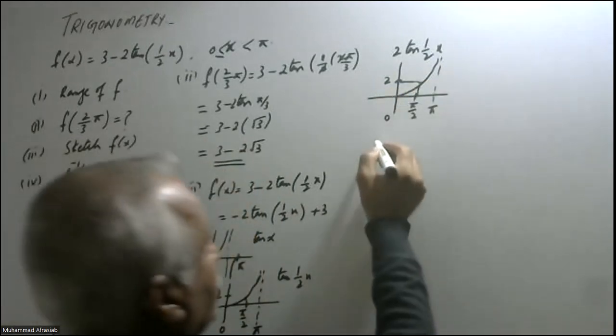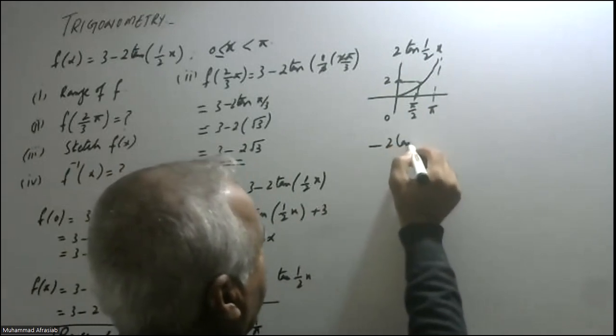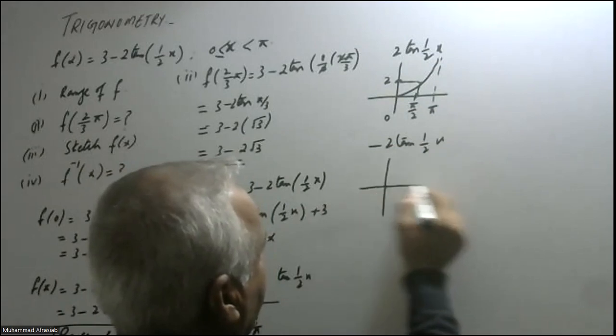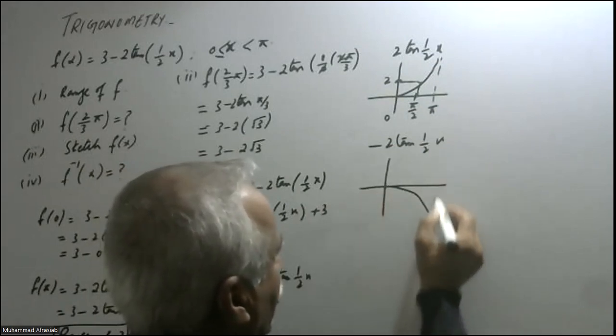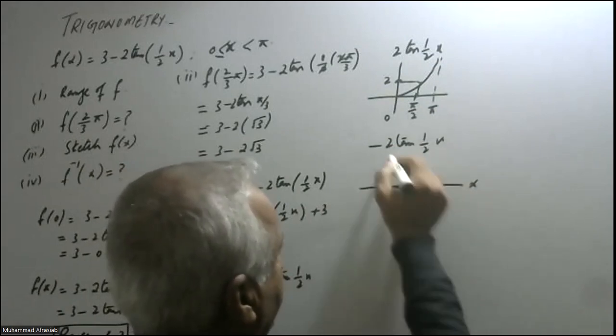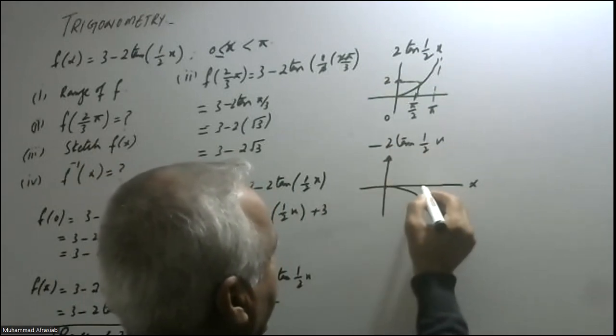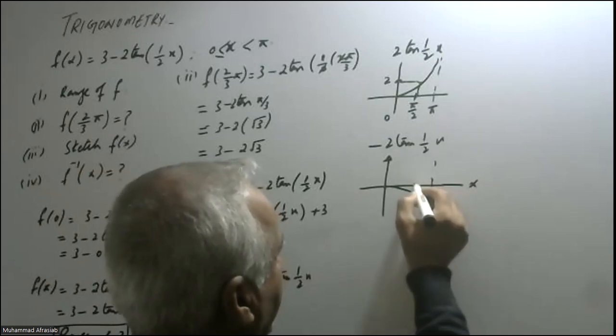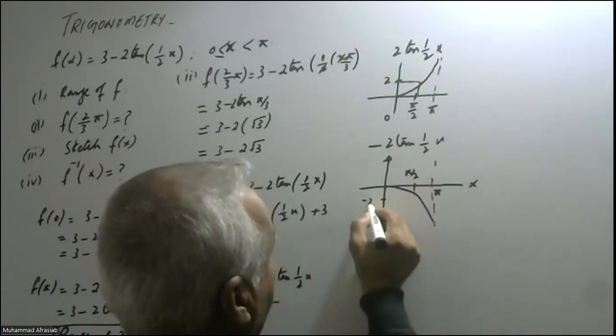Then it is minus 2 tangent of half x. That means the graph will be reflected about the x-axis, and at this value it is equal to pi, and for pi by 2 it is minus 2.